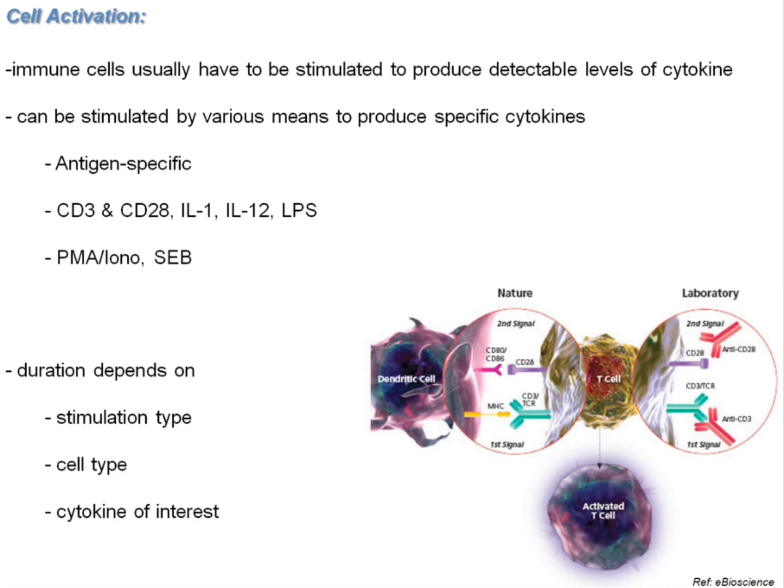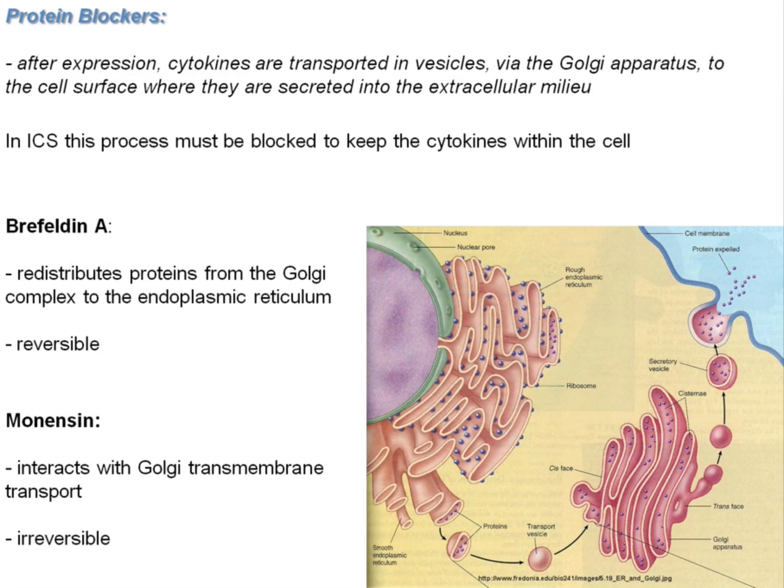So I've spoken about blocking these cytokines. Normally in an immune cell, the cytokine is released. With intracellular cytokine staining, it's imperative that we don't release it. We have to have a buildup of the cytokines within the cell so that we can detect it.